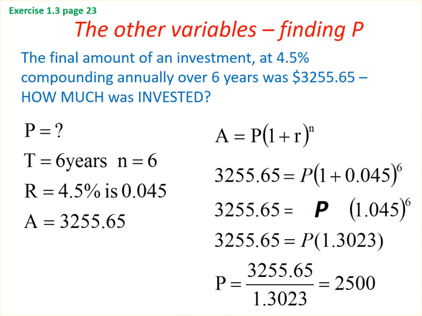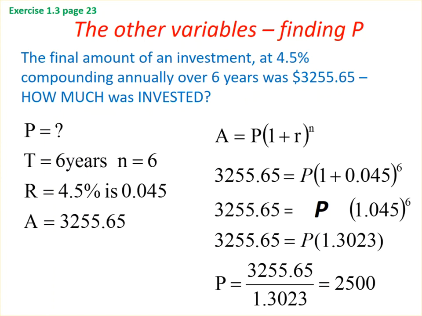Do you remember doing this in grade 8 and 9? Yep. Moving things. You may have heard of it as isolating the variable. Have you heard of that before? So our final answer, the principal, is $2,500.